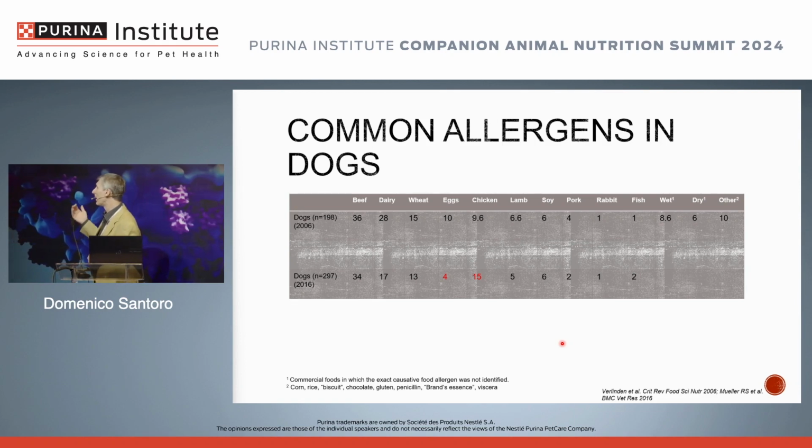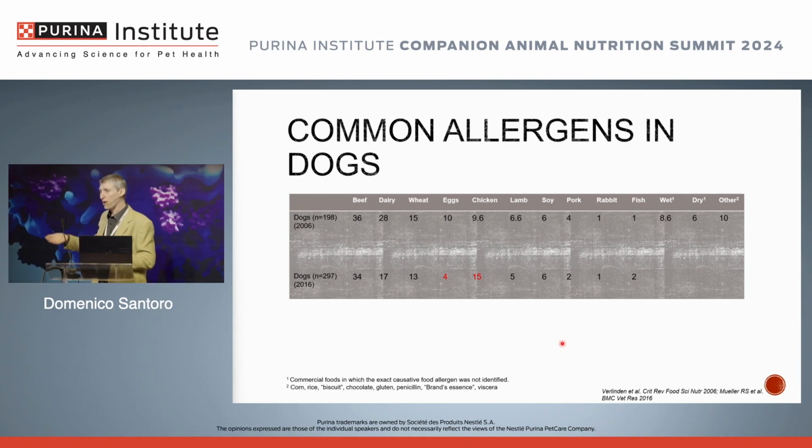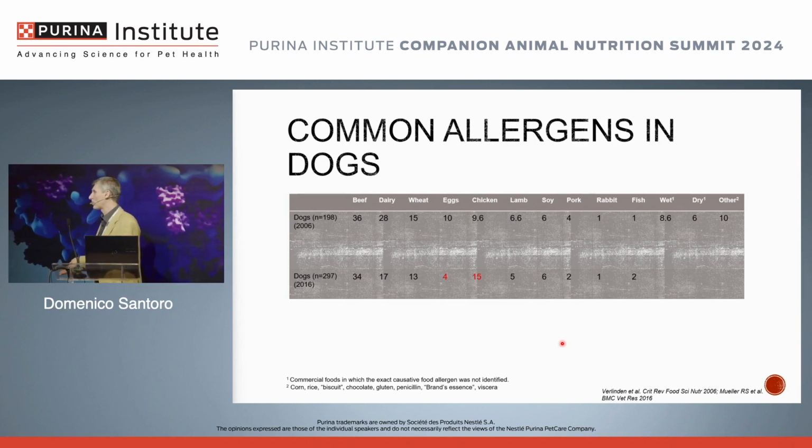And over time, allergens change. For example, chicken went from 9% to 15% after about 10 years of reviewing new papers coming out. And we saw the same for cats, in which the most common allergen went from beef to lamb, just because of the increase in lamb ingredients in the diets over time.